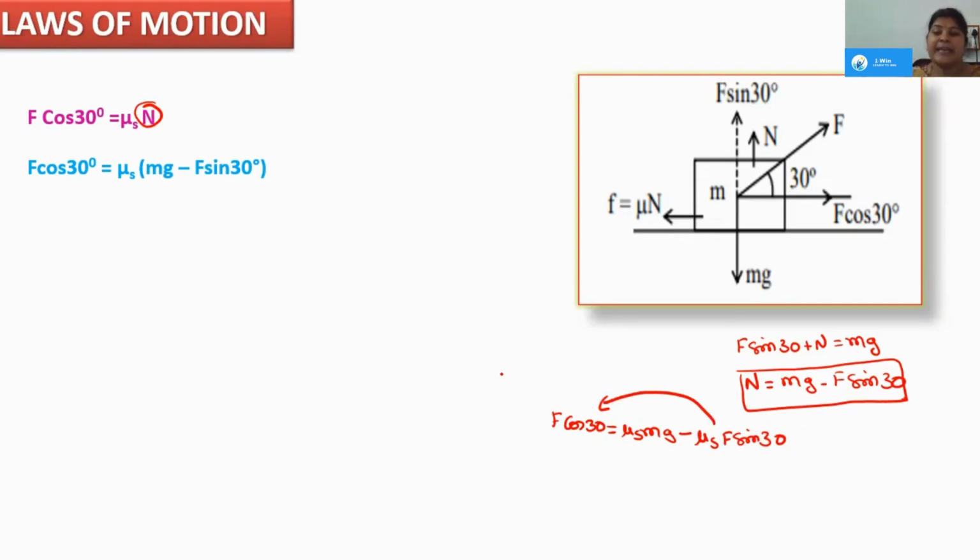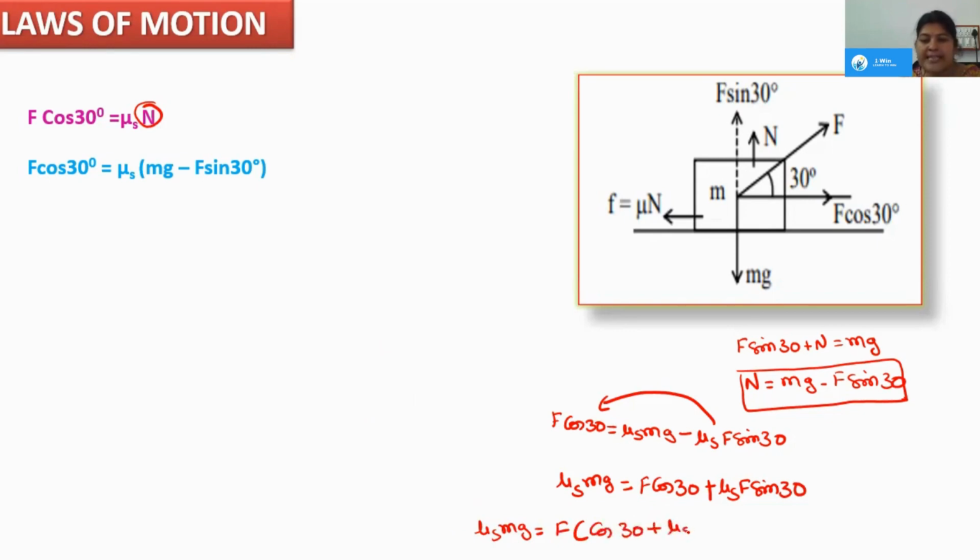Then mu s into mg is equivalent to F cos 30, and minus mu s F sin 30 comes to this side and becomes plus, so mu s F sin 30. Here onwards, I take F common. Then mu s into mg equals F times what is left inside: cos 30 plus mu s into sin 30.